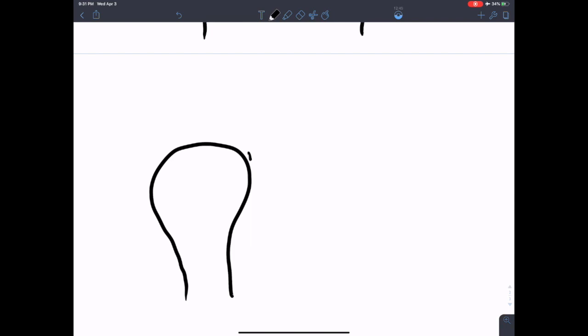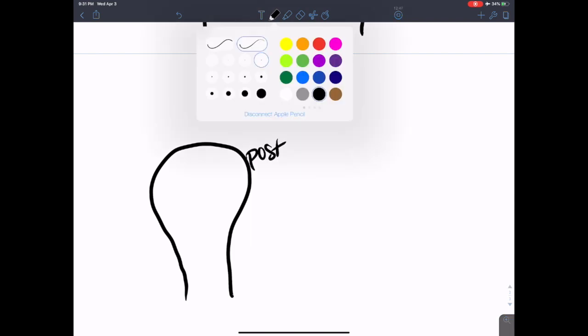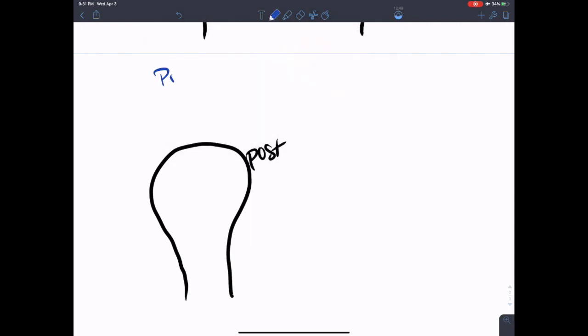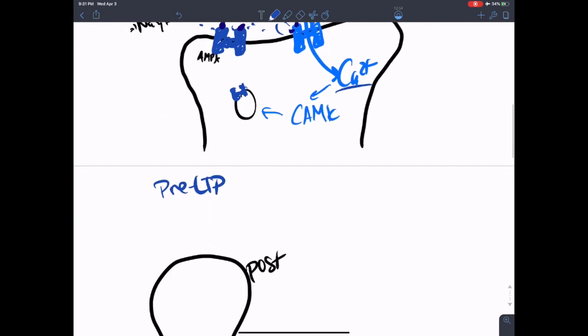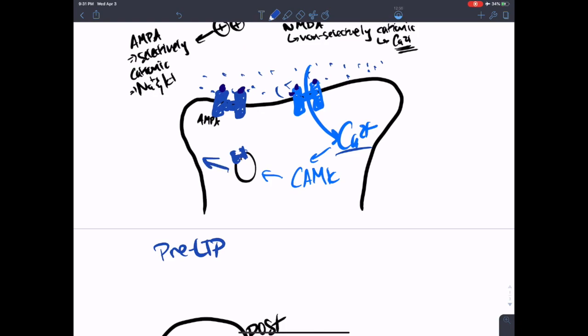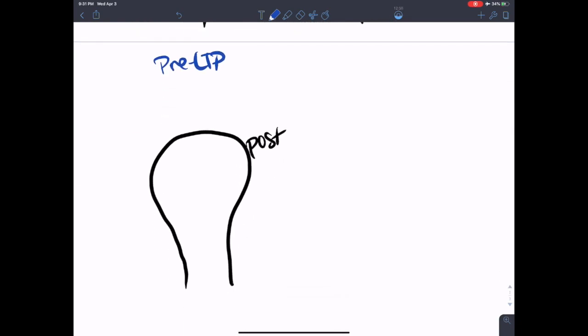This is the postsynaptic neuron before. This is pre-long-term potentiation. Long-term potentiation is this calcium leading to the increased exocytosis of these AMPA receptor vesicles. So this is pre-LTP.